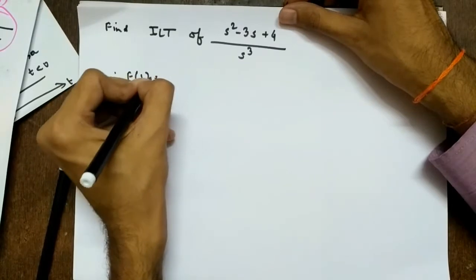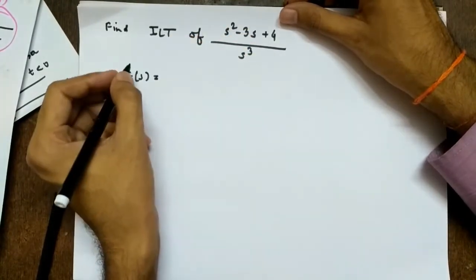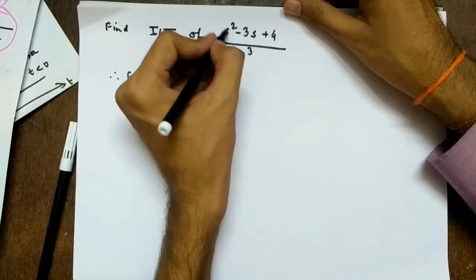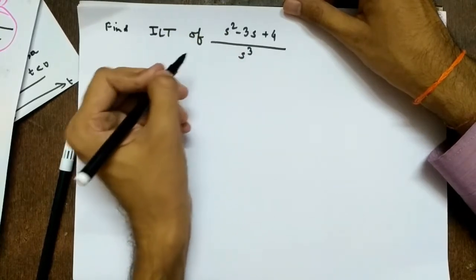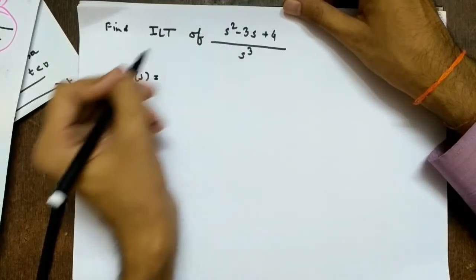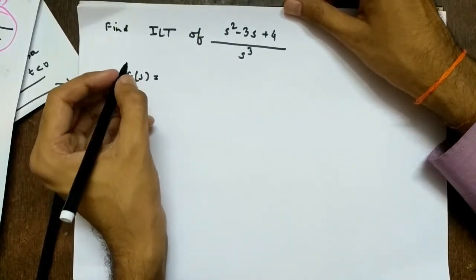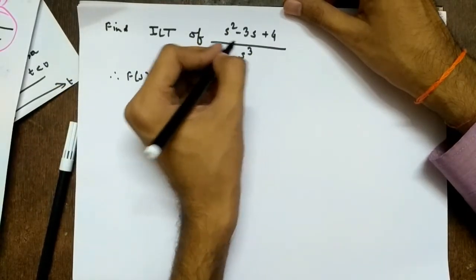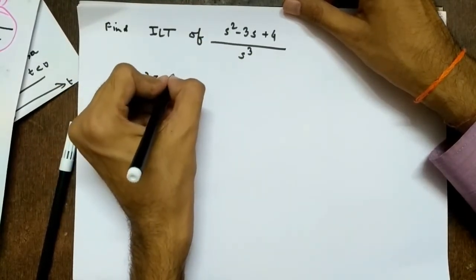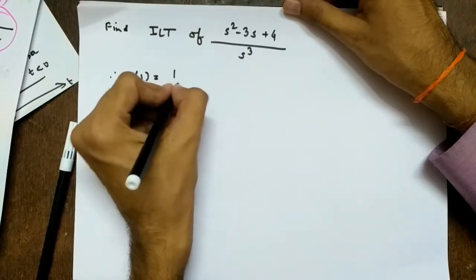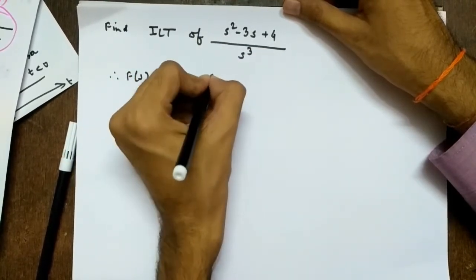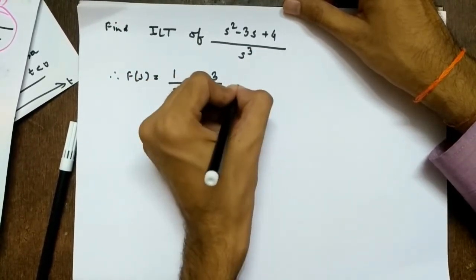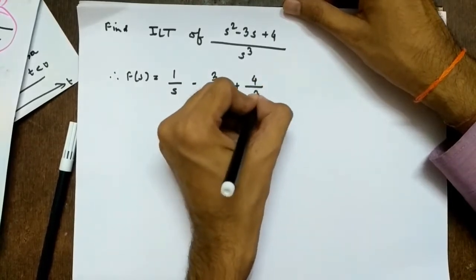First you check whether the degree of the numerator is less than the degree of the denominator. If it is less, you can use it directly. So I can separate the denominator: it is 1 by s minus 3 by s square plus 4 by s cube.